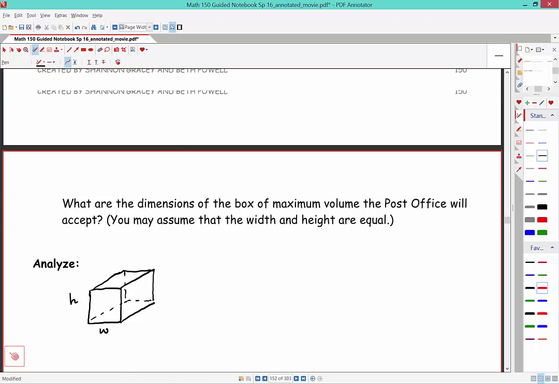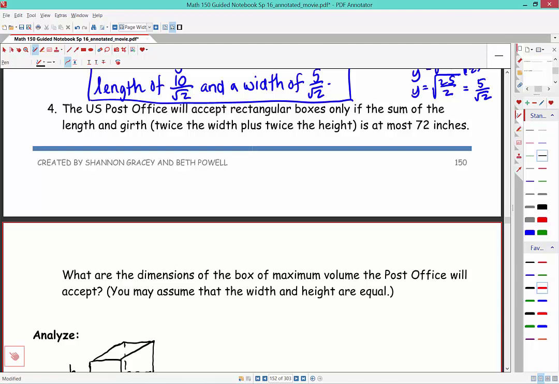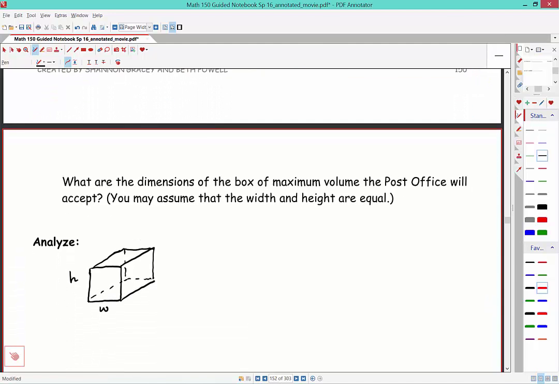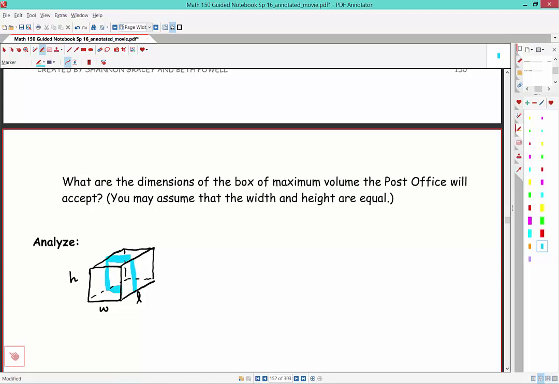And so the sum of the length and the girth. So this here would be the length, all right? And the girth would be this measure. Okay, so that's the girth, highlighted in blue.